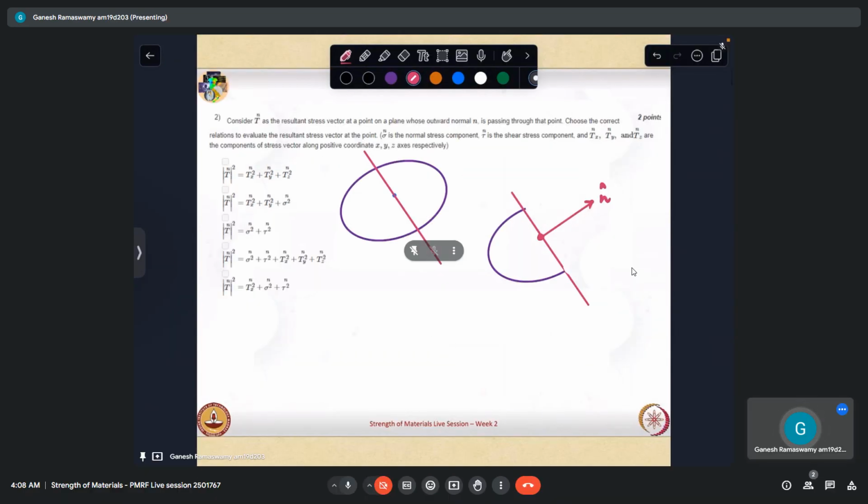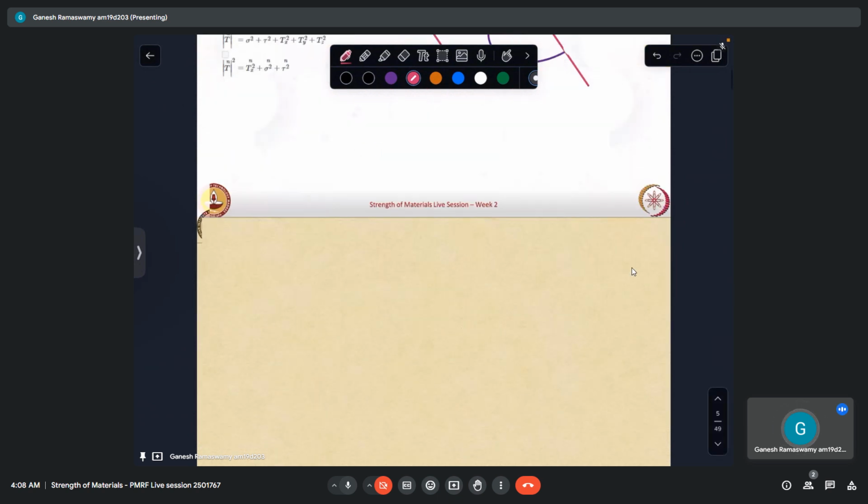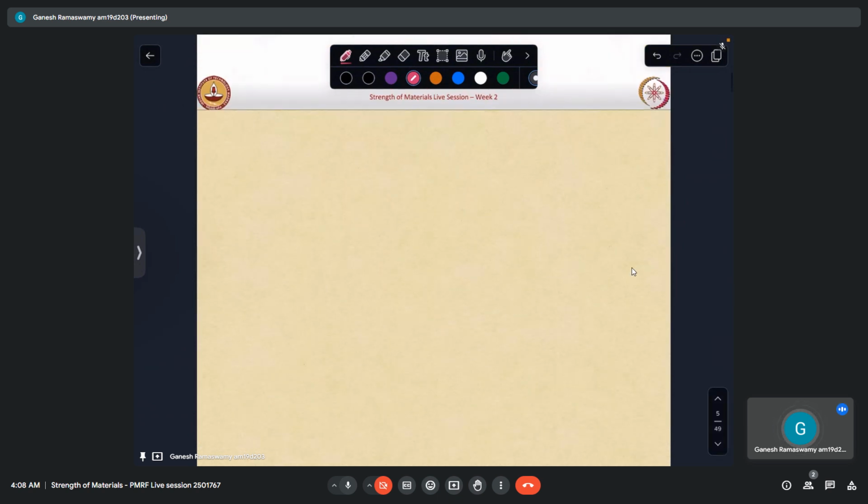So before that, let us see what the stress vector basically is and why we need it. This stress vector is also known as traction vector. It is basically a vector whose components are stresses. And why do we need it?